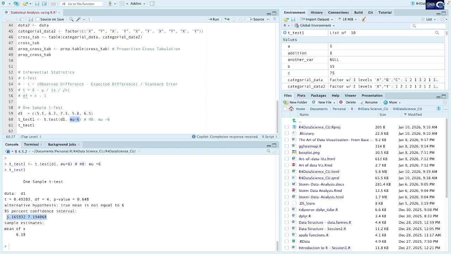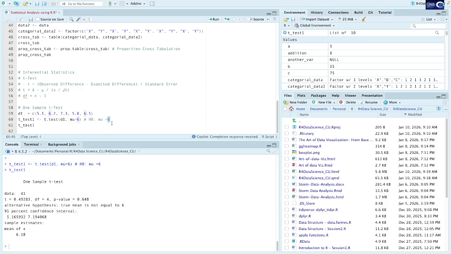Also, the confidence interval we can use to determine whether the result is statistically significant. If the confidence interval does not contain the hypothesized value, then we can say that the result is statistically significant.